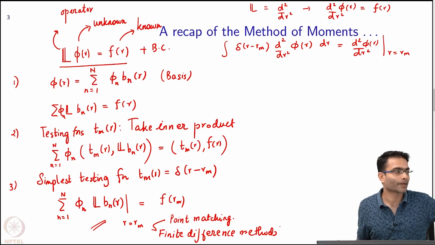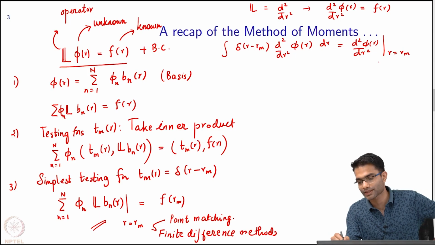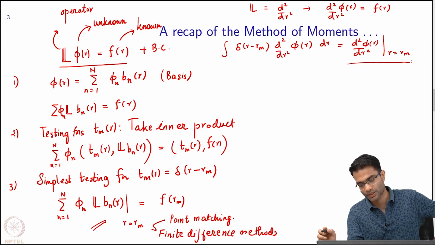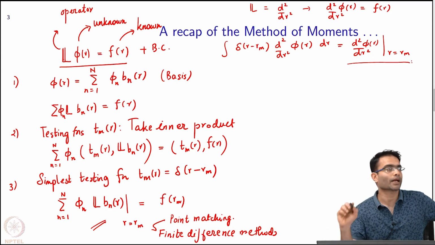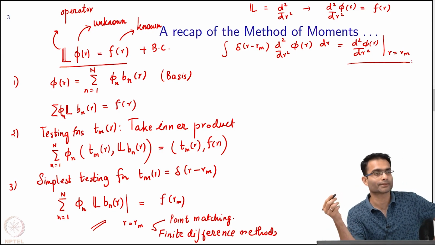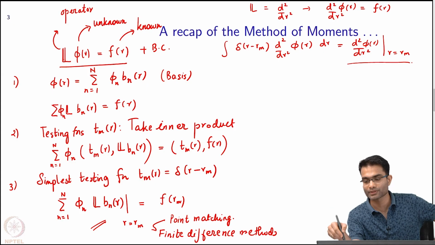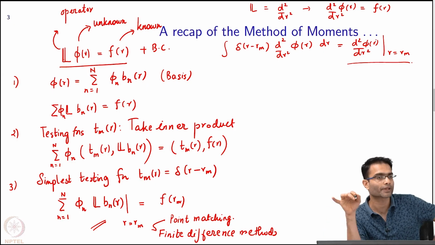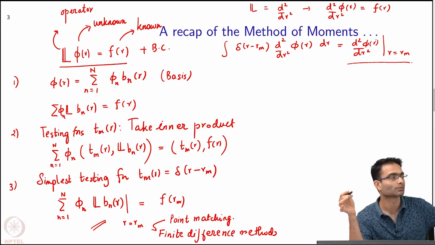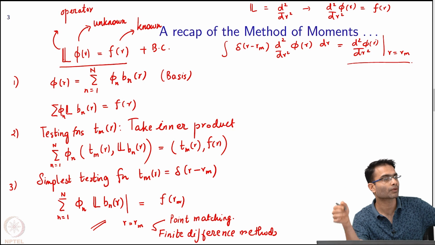So, what do I mean by finite difference methods? You can look at this example over here, right. So, let us say that I do not want to calculate any analytical derivatives, and I have this second derivative of phi evaluated at one point, but I want to write this only in terms of function values, in terms of finite differences. Then what will I write this as?